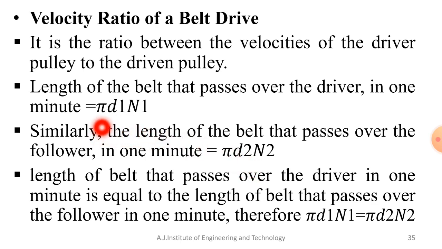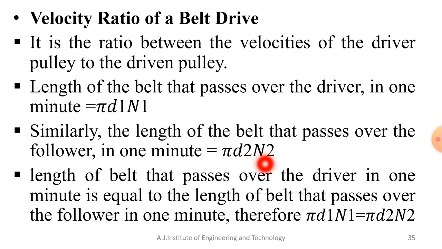Similarly, the length of the belt that passes over the follower in 1 minute is given by pi d2 n2.